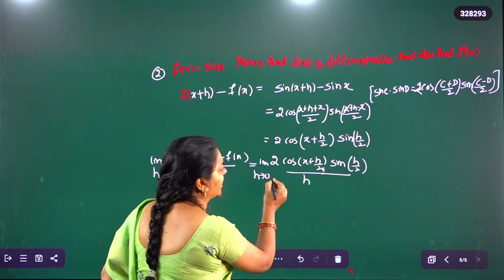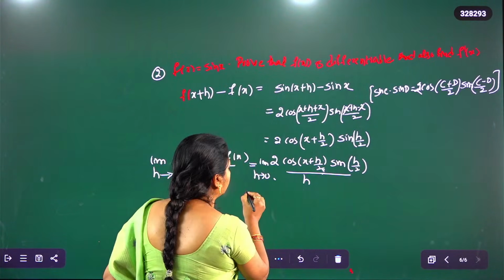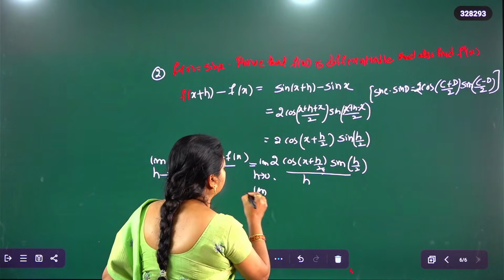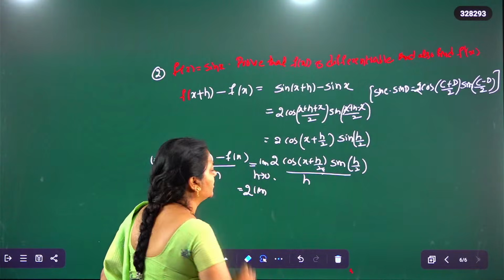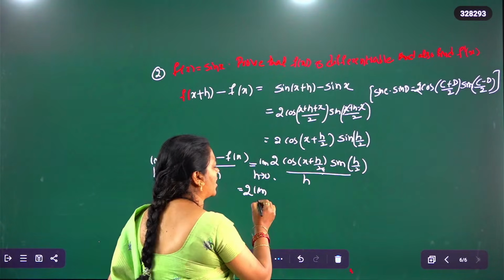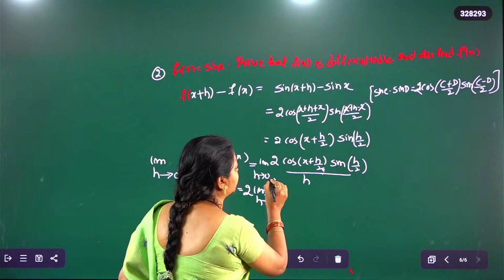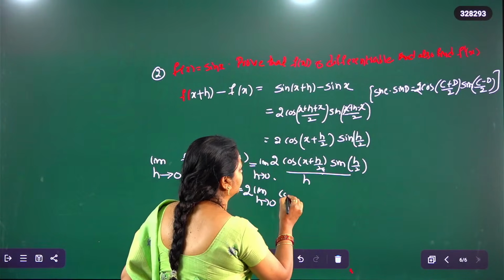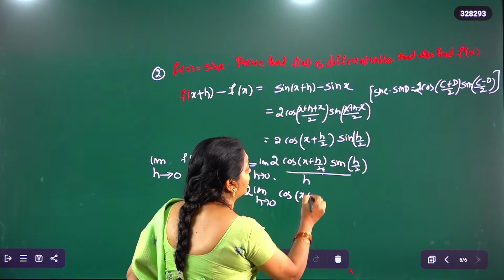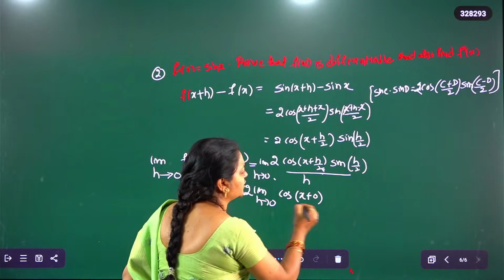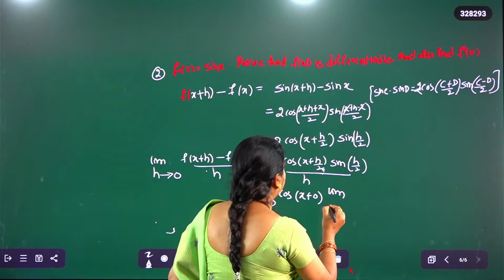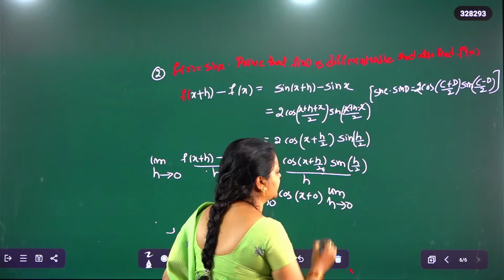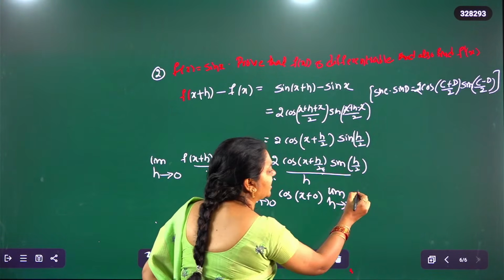So by doing it, what will we get here? In the cos function we can substitute, right? Here 2 is a number, so I am writing it outside, limit h tends to 0, here I am substituting the h value in cos x plus h by 2, h is tending to 0, so it becomes cos x. And for sine, one more thing is there, limit h tends to 0, what is remaining here?